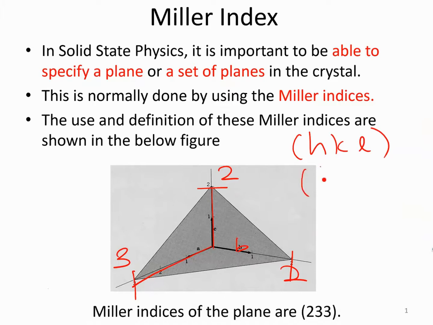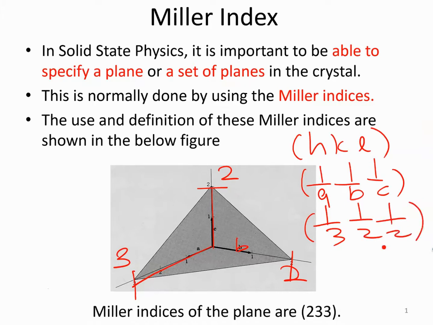We know that H equals 1 over A, K equals 1 over B, L equals 1 over C. So 1 over A is 1 over 3, 1 over B is 1 over 2, 1 over C is 1 over 2. But then these are not integers. We want to get integers, so we have to times 6 for all these numbers. 6 times 1 over 3, we get 2. 6 times 1 over 2, we get 3. 6 times 1 over 2, we get 3. So the Miller index for this plane is 2, 3, 3. Easy, right?